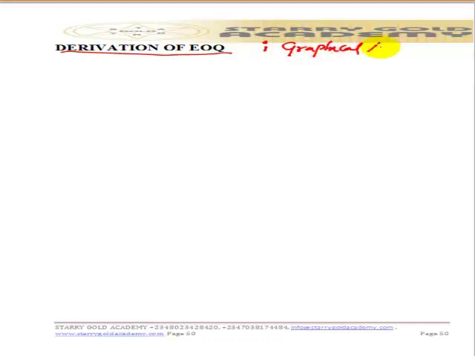So these are some of the assumptions of EOQ. Then we have the various methods of deriving EOQ. That's derivation of EOQ. There are two ways we can derive EOQ, three ways majorly, but in cost accounting we emphasize only one. There is the graphical approach. We can derive the EOQ of a company by graphical approach, and this would involve plotting the graph.